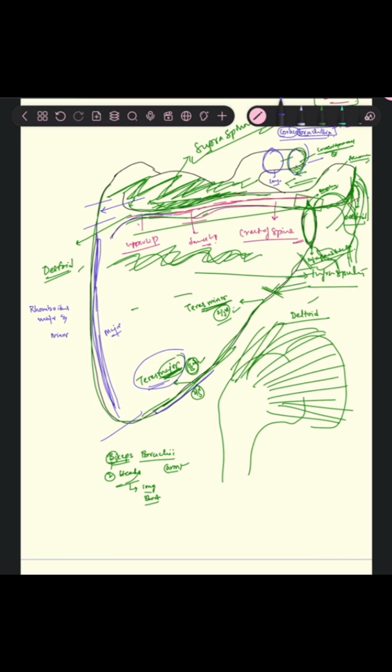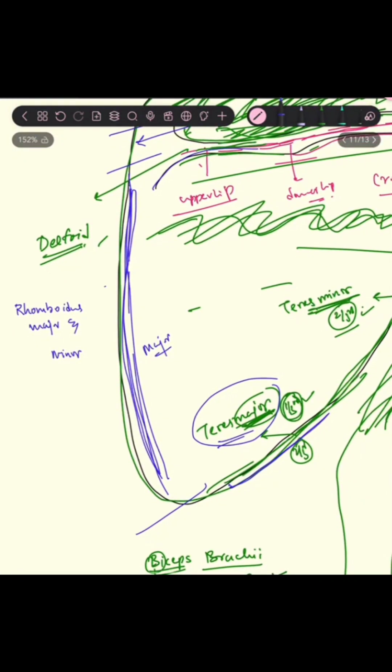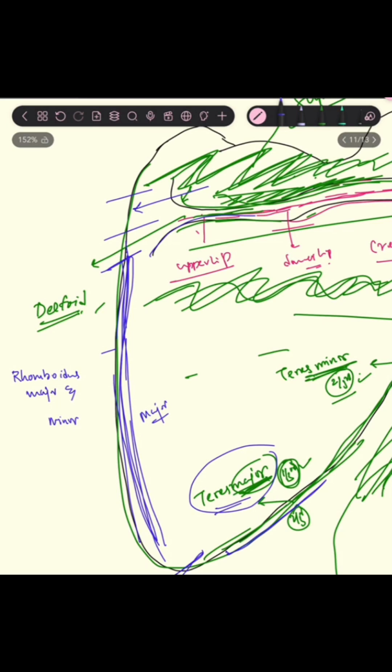So the rhomboideus major muscle is taking all the border from the inferior angle of the scapula to the root of the spine, and the rhomboideus minor muscle is just opposite to the spine of the scapula. Okay, we have completed all the muscles.